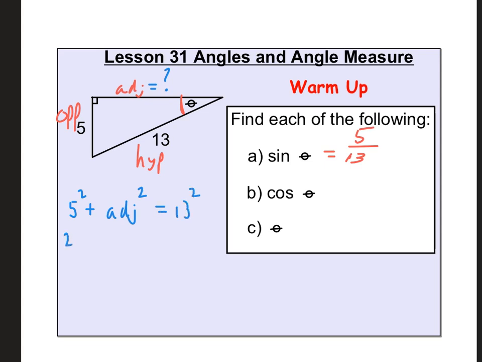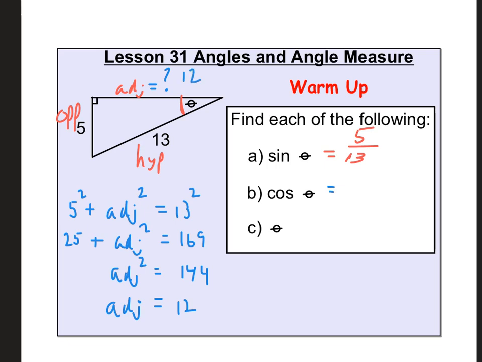And if we solve that out, 25 plus something squared equals 13 squared, which is 169. We subtract the 25 from both sides and get adjacent squared equals 144. Right, and then taking the square root, the adjacent is going to equal 12. So now I know the cosine of the angle.